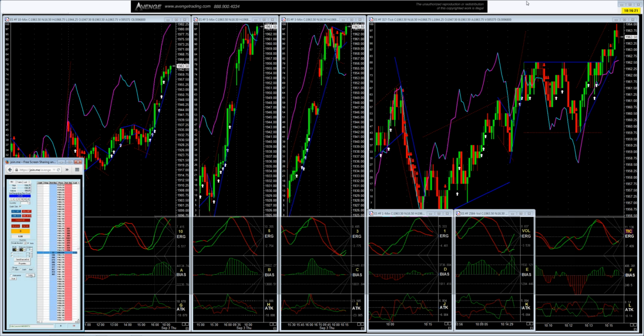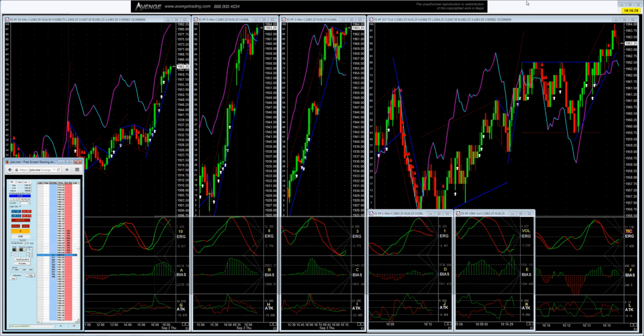Well, volumes are not there. E spiked, that's about it. It did move up there a few more ticks. We did break through the high of the morning, which is 63.25, by a few ticks on that press.